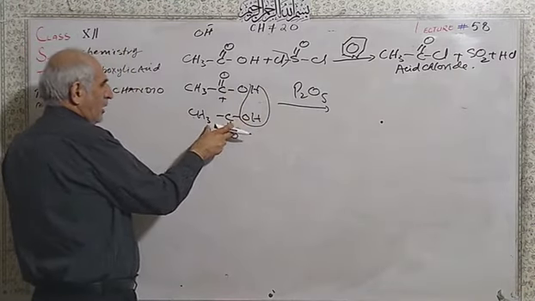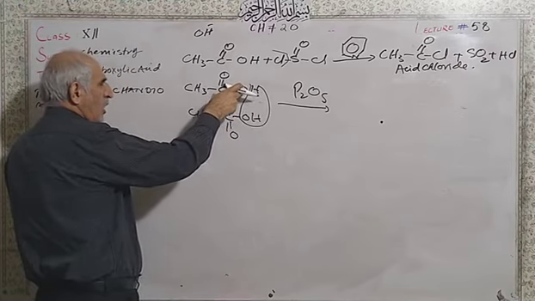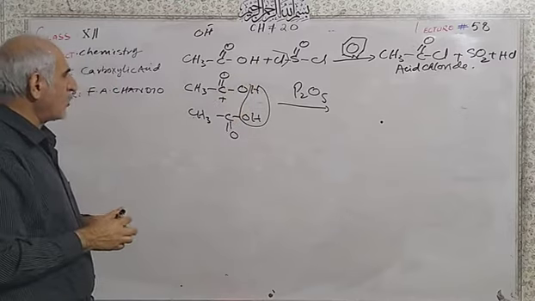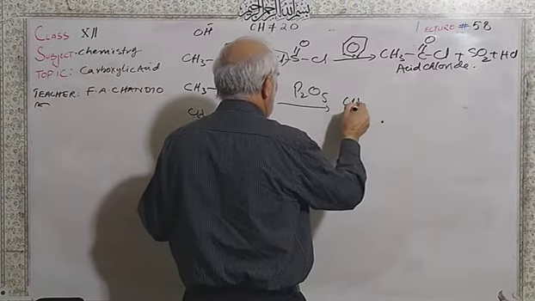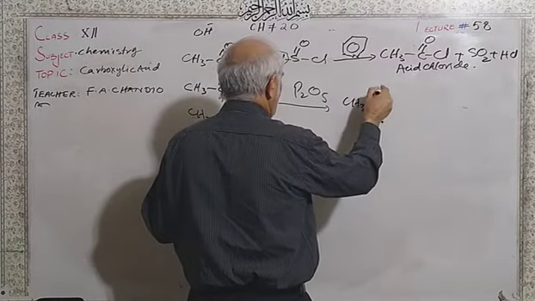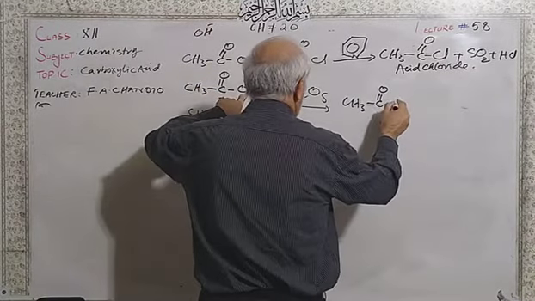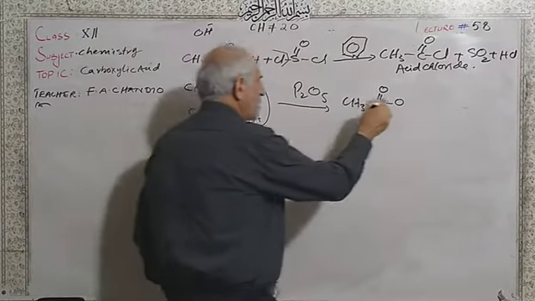One molecule involves its OH group, and the other involves its oxygen and hydrogen, both. Water is removed and you form acetic anhydride, with CH3CO and oxygen here, and CO and CH3 on the other side.